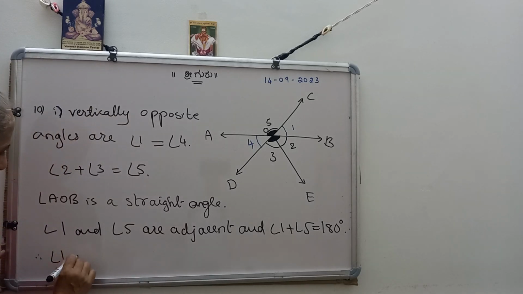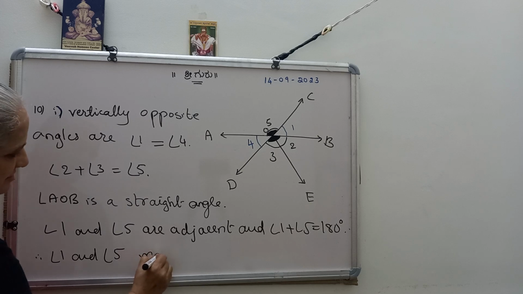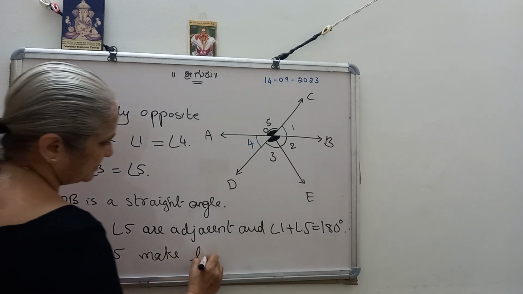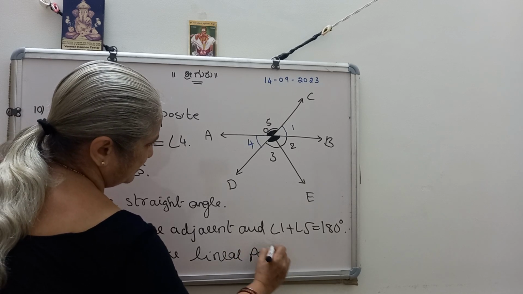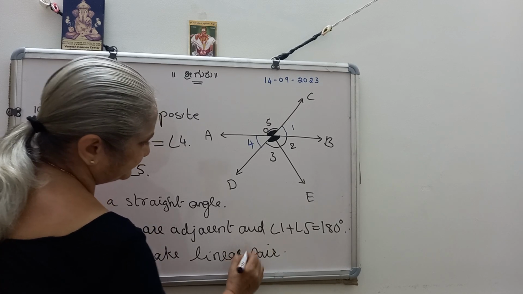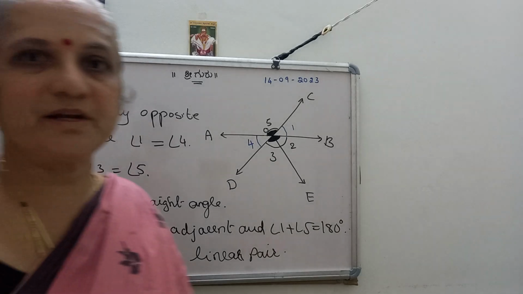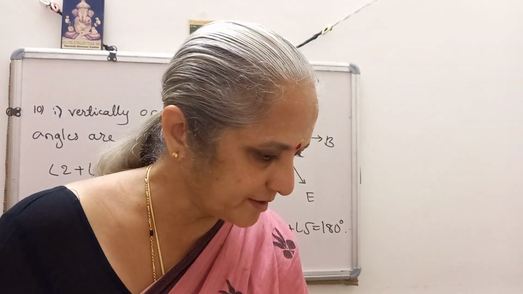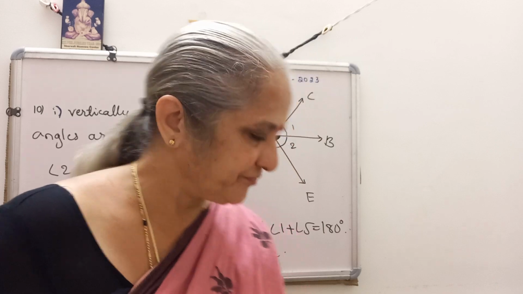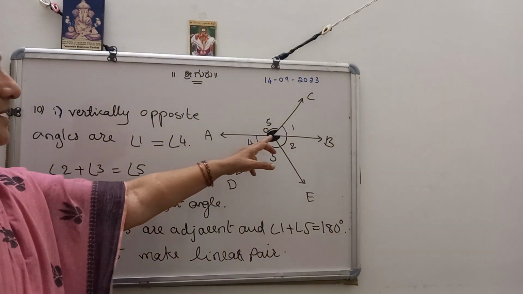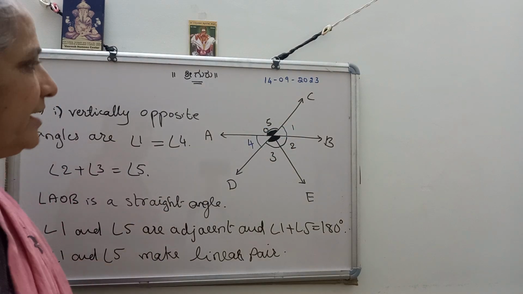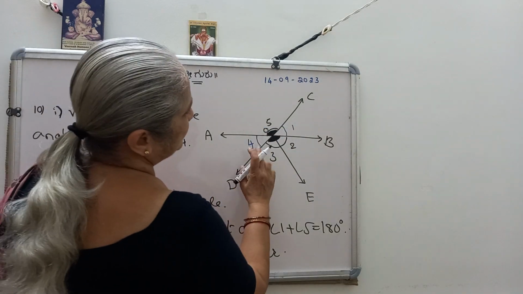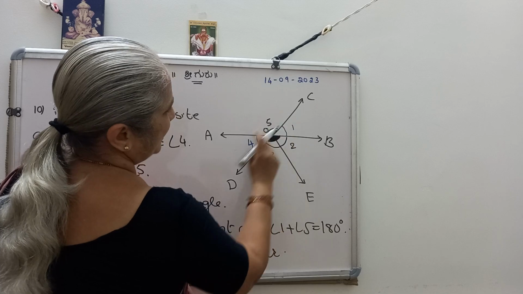Therefore, angle 1 and angle 5 make a linear pair. And can you find any other pair? 4 and 5?